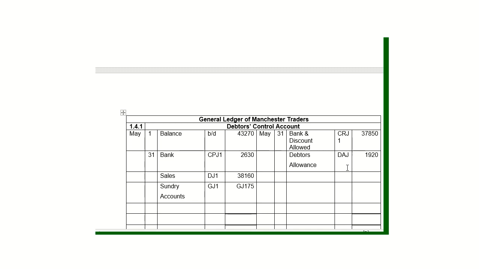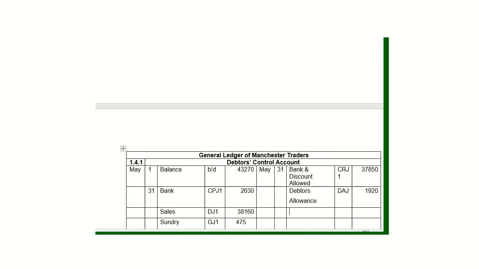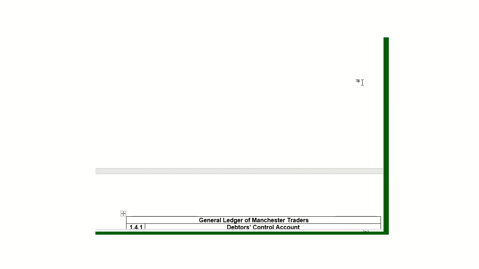General journal, 475. On the credit side, same thing, it's various different transactions or opposite accounts, sundry accounts coming from the general journal, and the amount in the credit column of our debtors.